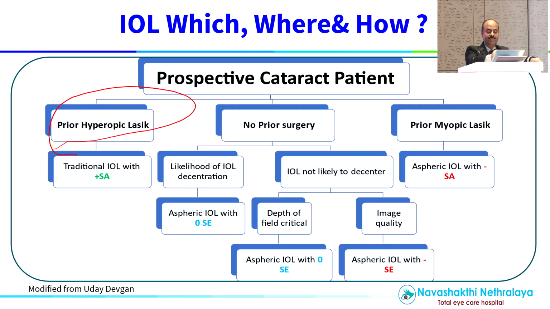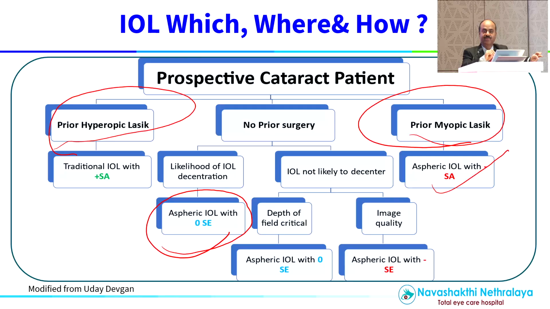Now, if it is a myopic LASIK, just like Dr. Venkatraman was talking about, you can use a spherical aberration lens. In case of no prior surgery, look at IOL decentration, whether there's a chance of IOL decentration, such as pseudoexfoliation or some other condition, then prefer a spherical aberration of 0.